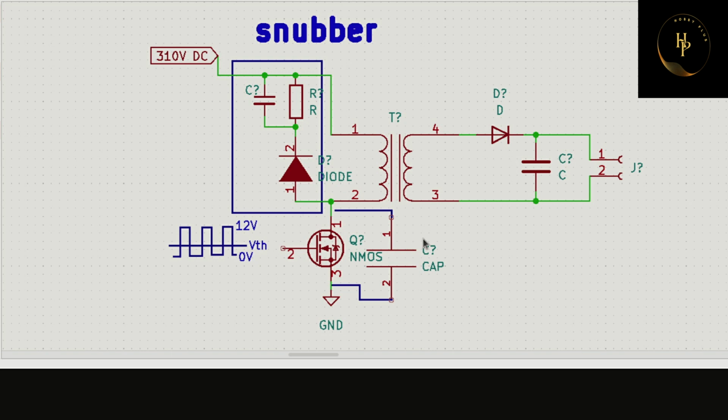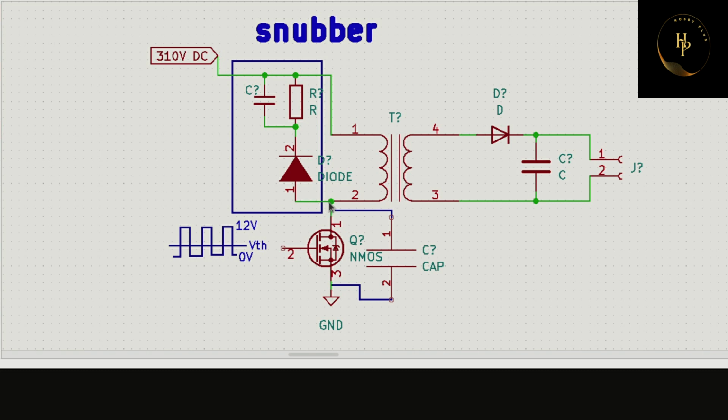Now I discuss how this circuit works. Here, when it is charged, here is 620 volt DC and a high peak.